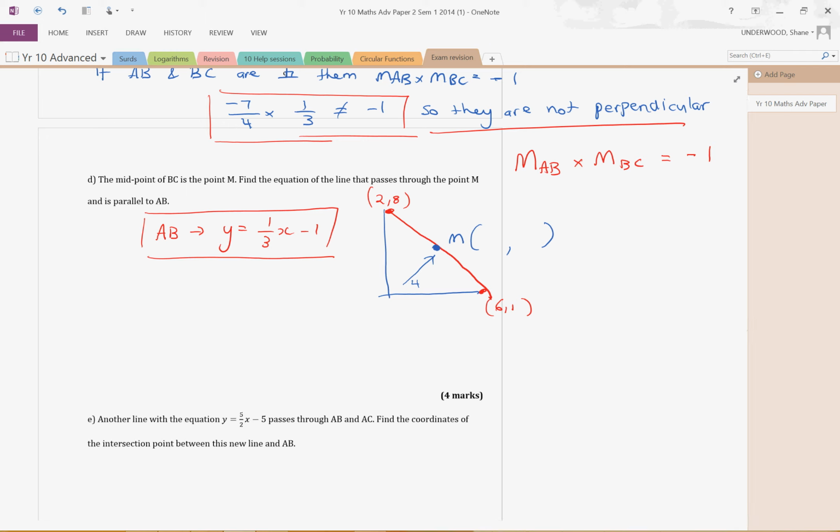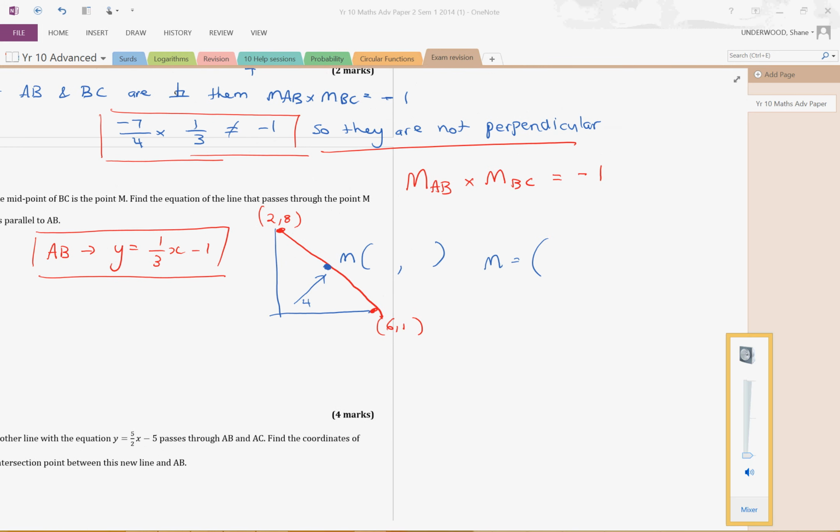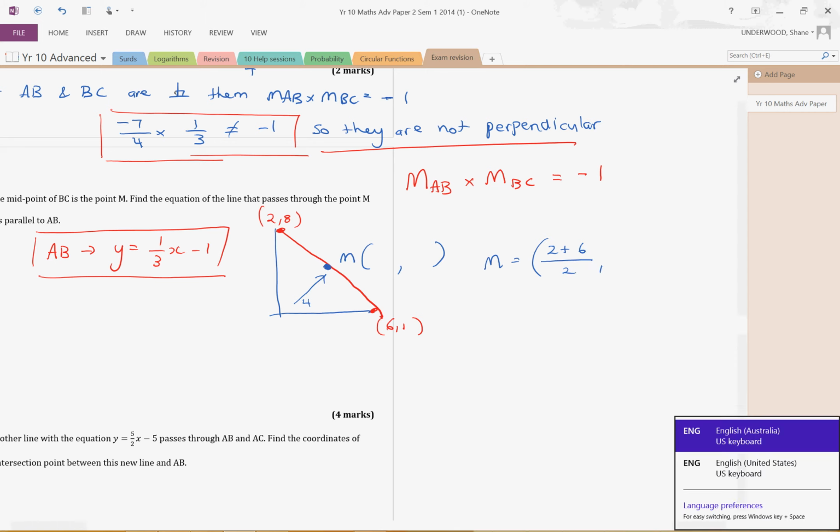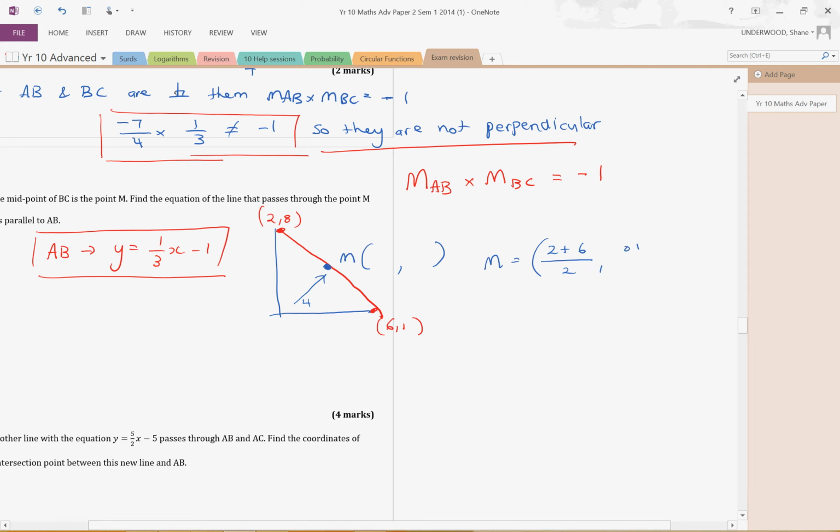But if you want to do it mathematically, the midpoint M is equal to the coordinates of 2 plus 6 over 2, 8 plus 1 over 2, which is equal to 8 over 2 is 4 and 9 over 2 is 4.5. I might just have that as 4.5 for the time being.